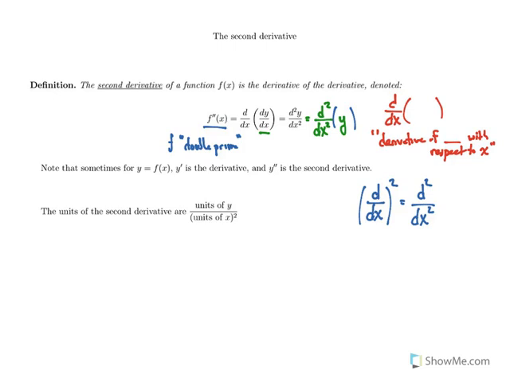Also note that the units of the second derivative are the units of y over the units of x squared, whereas the units of the first derivative are just the units of y over the units of x.